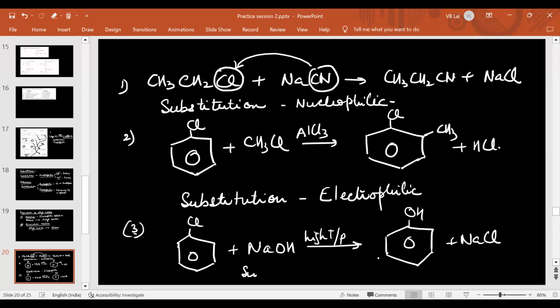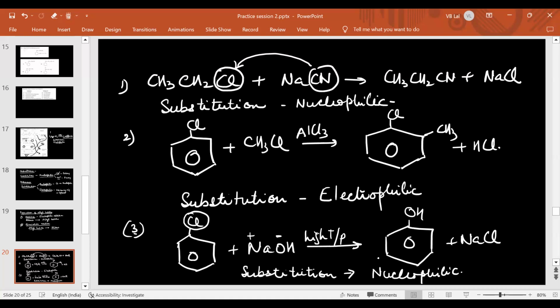Substitution. Yeah, it is substitution. Very good. Cl is replaced with OH. And what type of substitution? Electrophilic. What is the charge on OH? Negative, ma'am. So if it is negative, what is negative is being replaced by negative. So it will be nucleophilic.